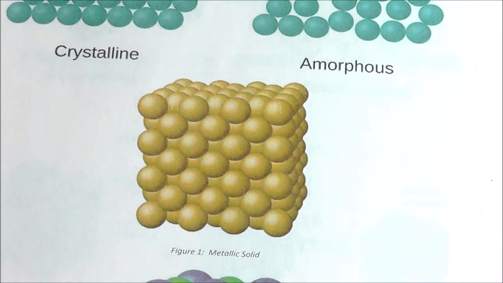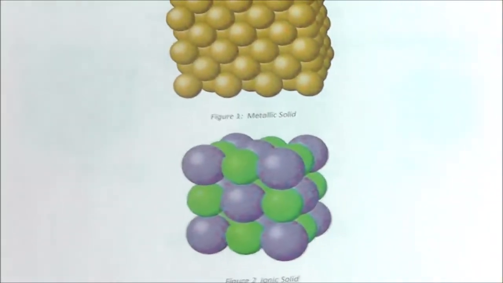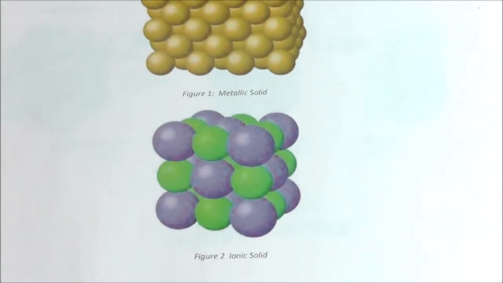That is a lattice of repeating unit cells, and because all of the spheres are the same size, I can say that's probably an element, or it could be a metal. It could be, if you were to take some crazy low temperature and have a non-metal solidify, but that would be an element, whereas this would be a compound.